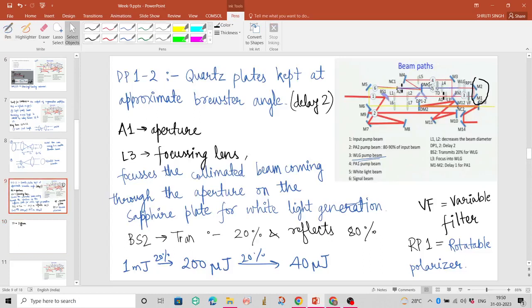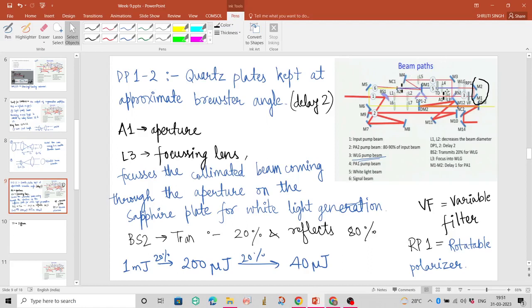After this L4, the white light, blue color now shows the white light, hits this DM1, which is again a dichroic mirror, and from there it goes through this aperture and hits the NC1. NC1 is our nonlinear crystal.